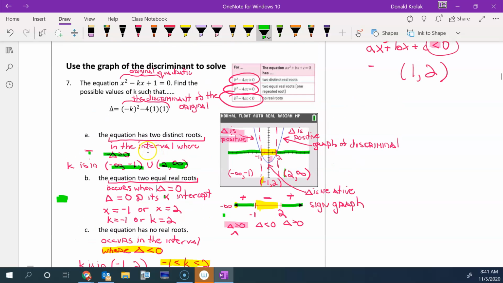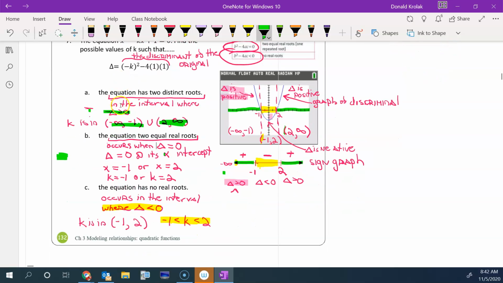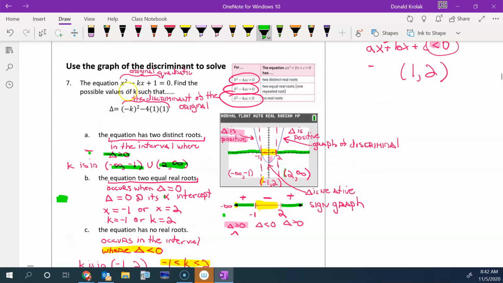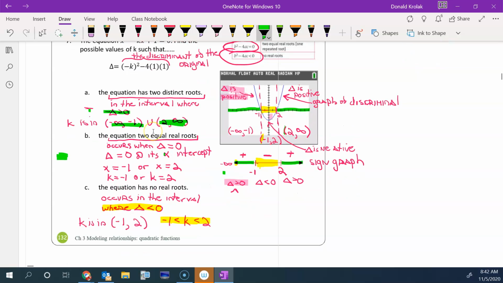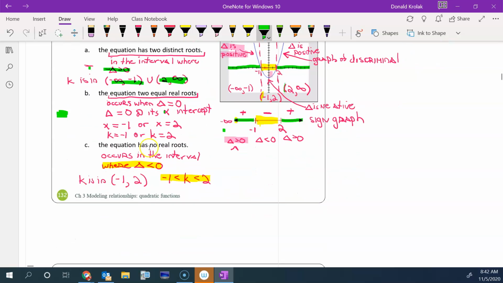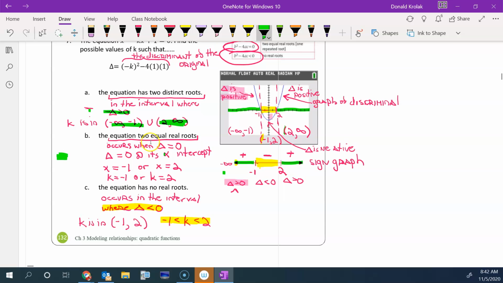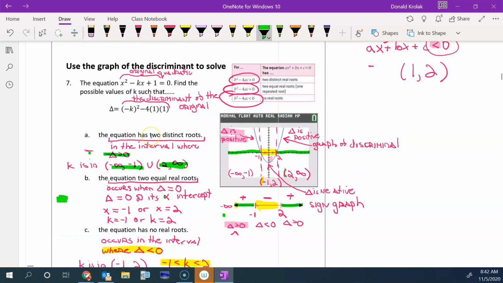So we never graphed the original equation. Instead, we graphed its discriminant. So we used the discriminant to identify values of K that generate 2 distinct roots, 2 equal real roots, or no real roots. All right, questions.